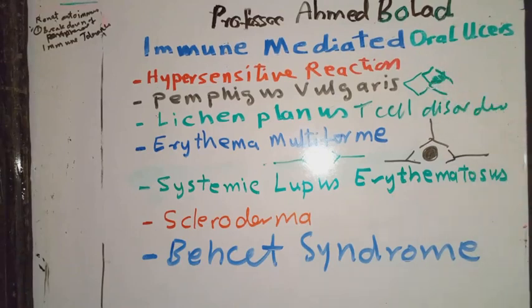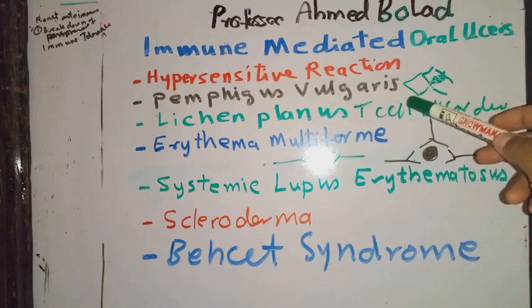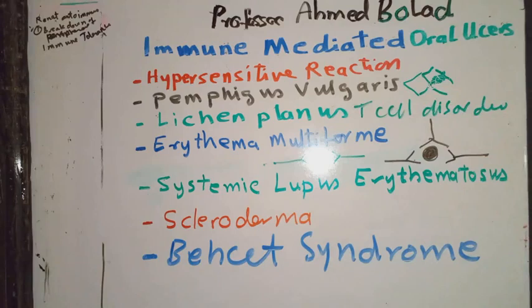Some individuals may produce or upregulate antibodies against this cement, and this may lead to abrasions or superficial ulcers. And usually ulcers due to Pemphigus vulgaris are located in the soft palate, buccal mucosa, ventral tongue, gingiva, and lower lip. Okay?